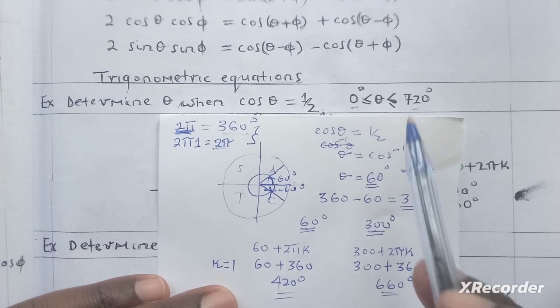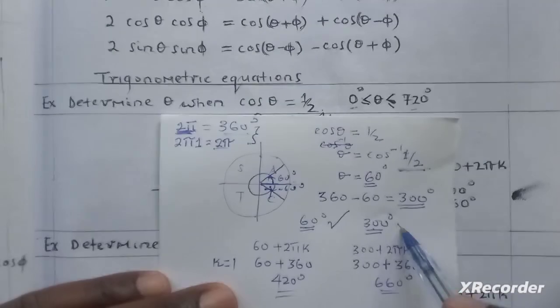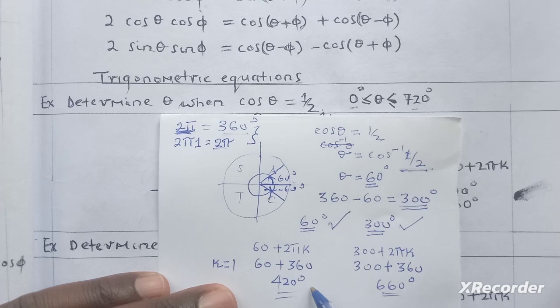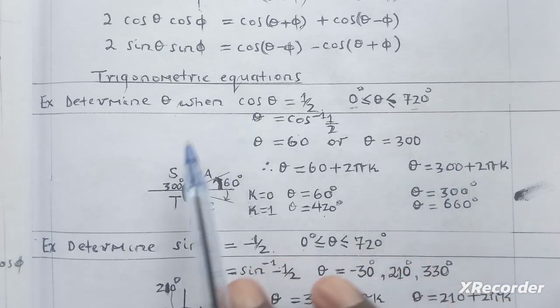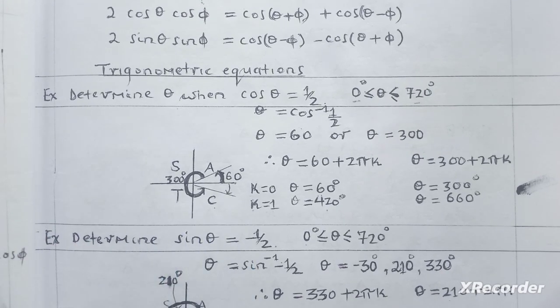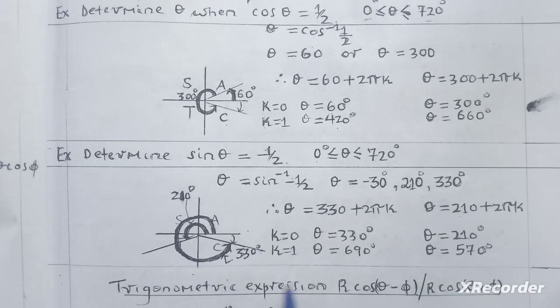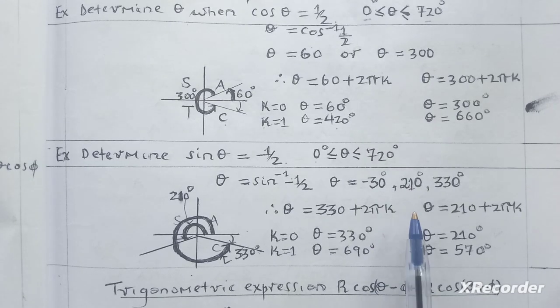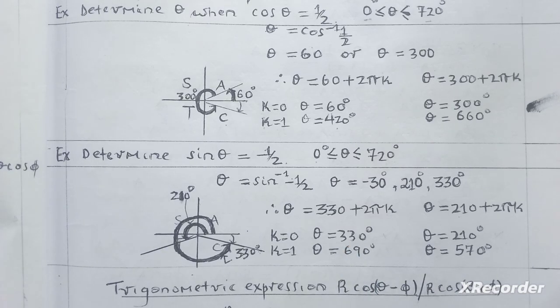And so we have our values. That is the first one. We also have 300, and then we also have 420 and 660, and I have done it as shown. So please try to do this one. Follow the same pattern I have done with this one and see whether you get these values.